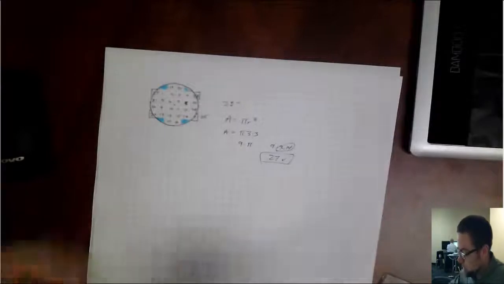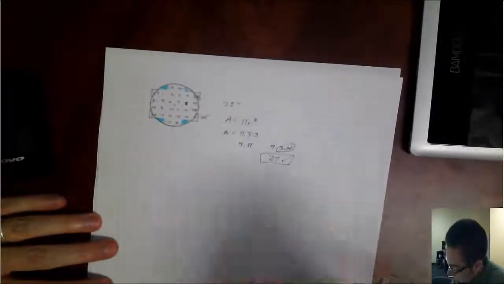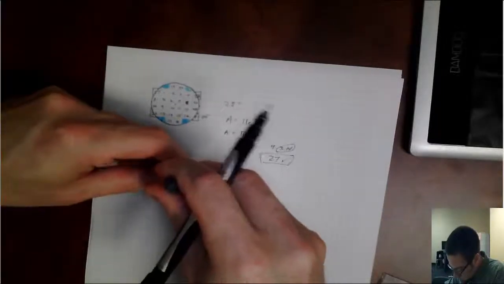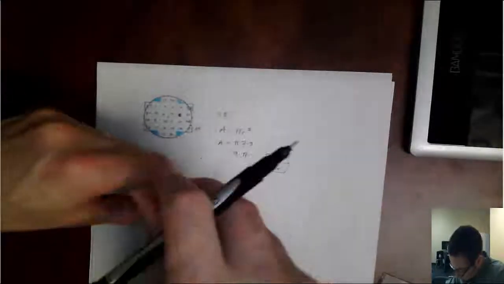Now, there is another way that we can break up a circle, and let me get out my compass. Let's do a radius of 4 this time.